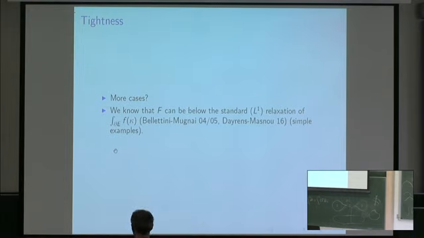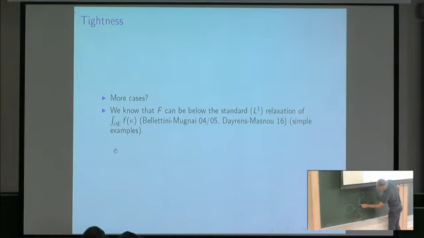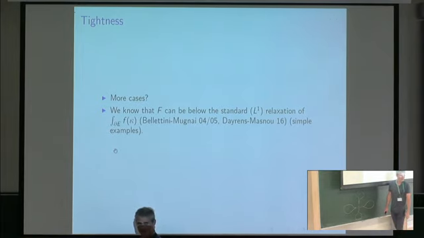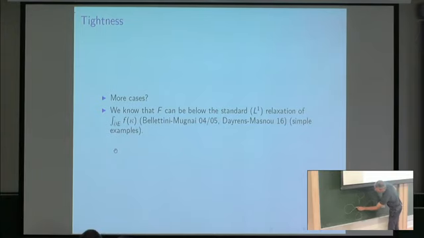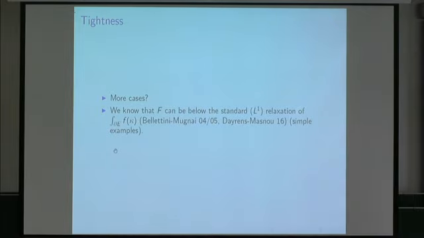And so the energy of this should be just the sum of the energy of that twice, if you want. But from the point of view of the L1 relaxation, you cannot do that, because it would mean that you are approximating this set with this and this set with that, but here you're introducing infinite curvatures. So from the point of view of L1 relaxation, this is the way you should do it, and you get a higher energy. So the energy we define is below the standard L1 relaxation, which doesn't mean it's better or worse. It's different. In that case, it's a bit complicated to understand what you would like to do.